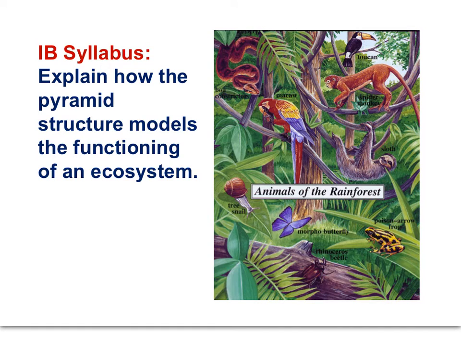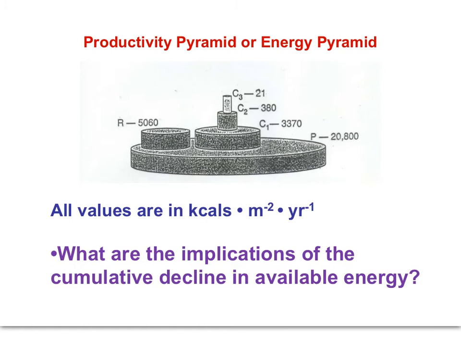Ecological pyramids model the functioning of an ecosystem because the decline in available energy through the food chain has implications for the species at each trophic level, and it has implications for humans as we harvest food from different trophic levels. Stay tuned.